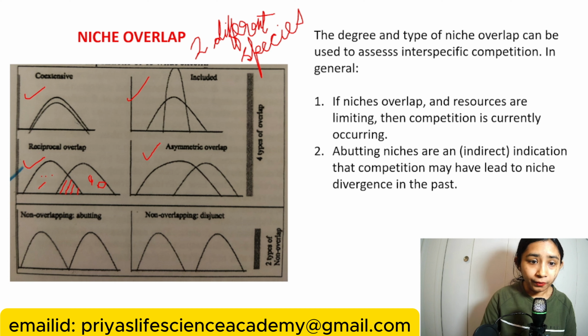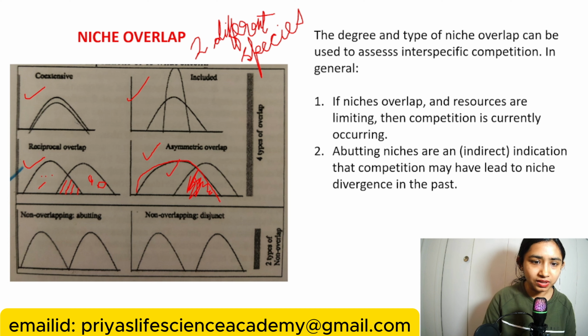Here, one species overlaps with the niche of the other species. You can see this species overlaps with the niche of this species, but this species doesn't overlap much on the other. So the overlap is not mutual. Why?